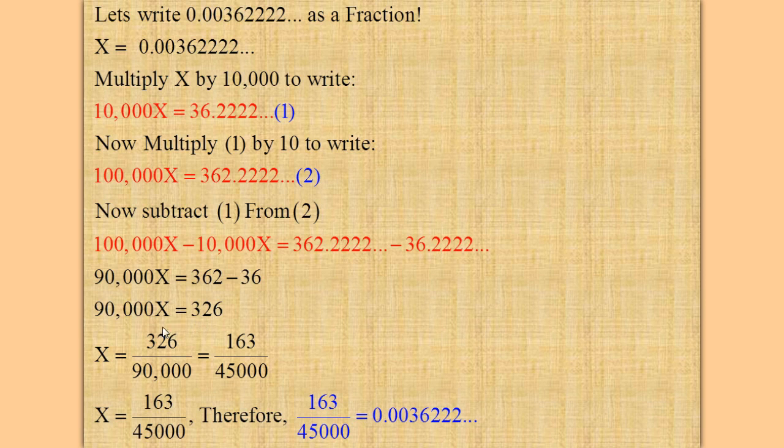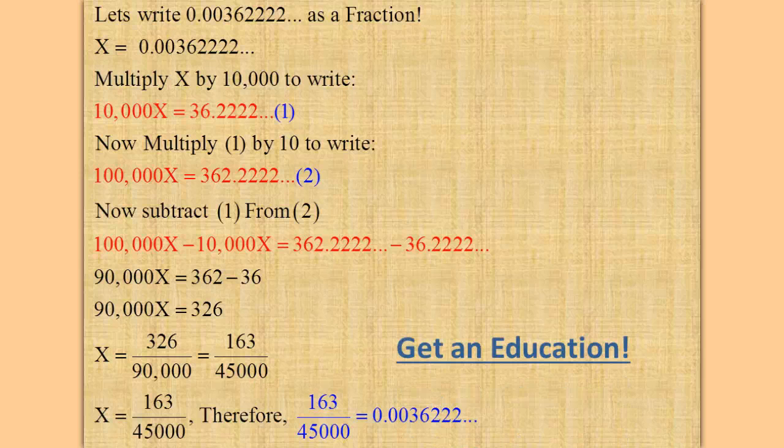And that gives us 90,000x equals 326. We divide both sides by 90,000, and we get 326 divided by 90,000. And if we reduce that, we get 163 divided by 45,000. Therefore, 163 divided by 45,000 is equal to 0.0036222. And if you put that into your calculator, you'll see that's exactly what it is.